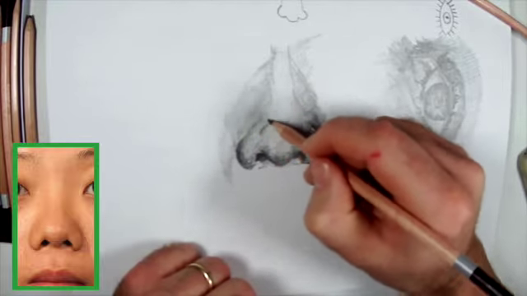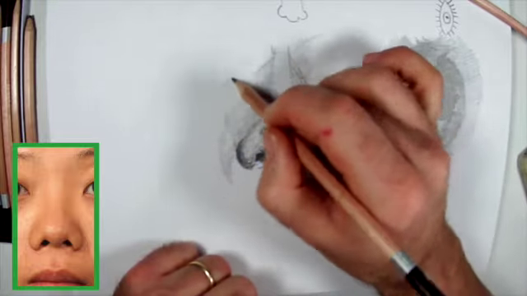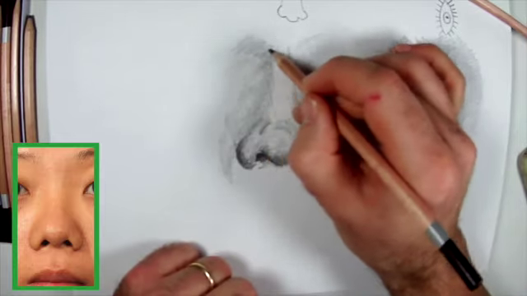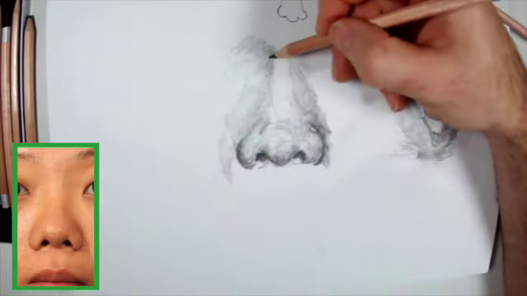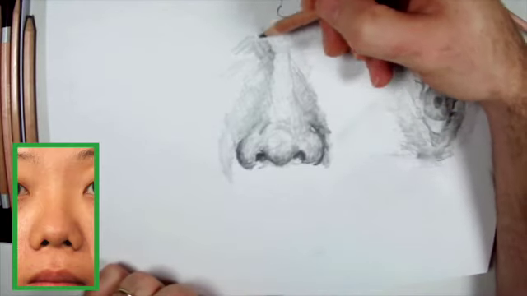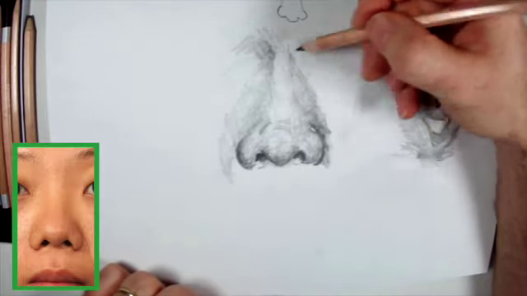Now I'm starting to work up a little bit on the edge. Just like when we were working with the eye, I need to be thinking about some of that space that's in and around as well. It's not just the nose in and of itself.